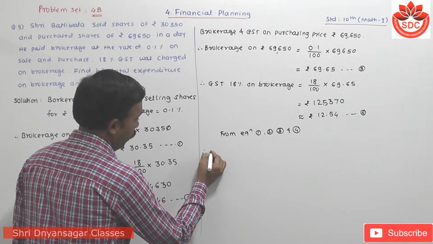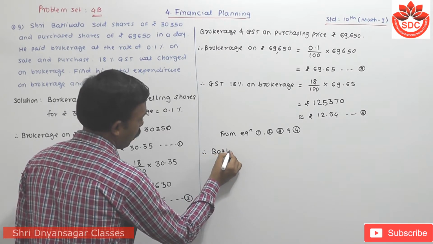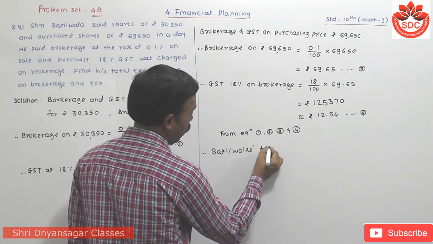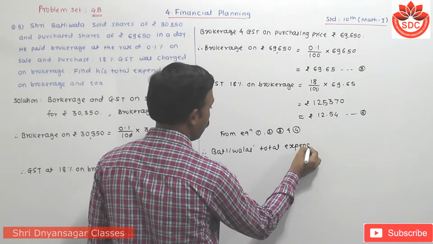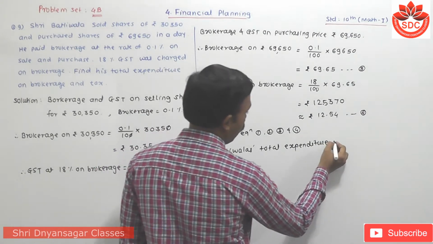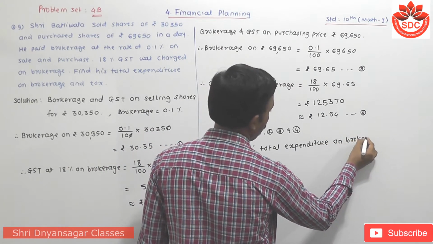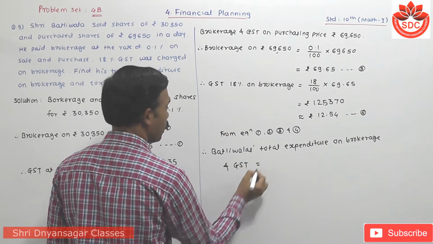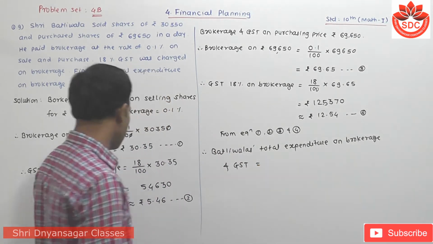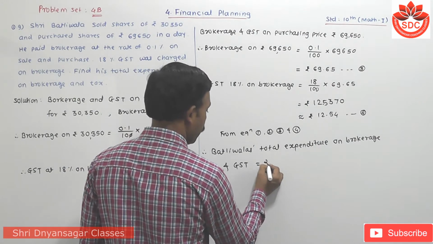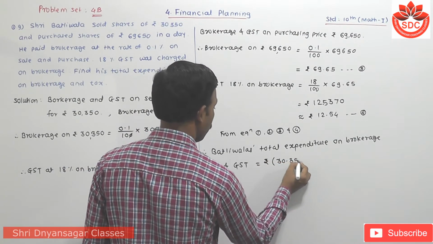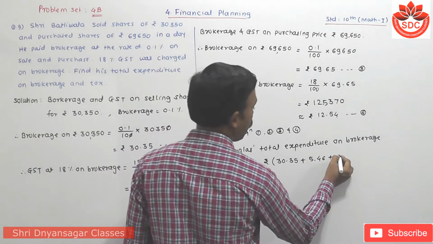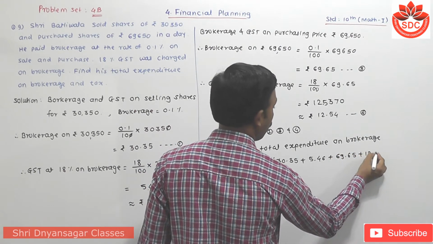Therefore Batliwala's total expenditure on brokerage and tax, meaning GST, is equal to adding all these: the first one is 30.35, taking rupees common here, 30.35 plus second one is 5.46, third one is 69.65 and fourth one is 12.54.